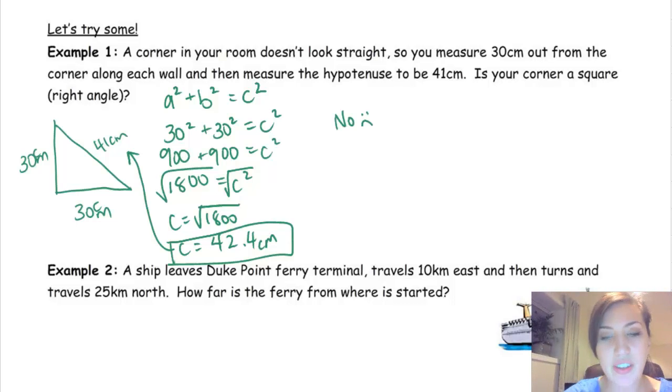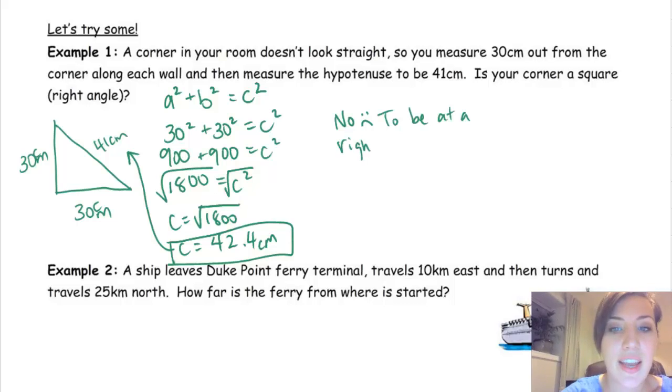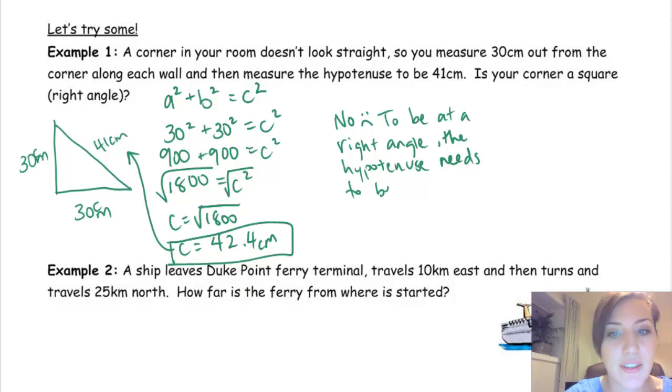To be at a right angle, the hypotenuse needs to be 42.4 centimeters.